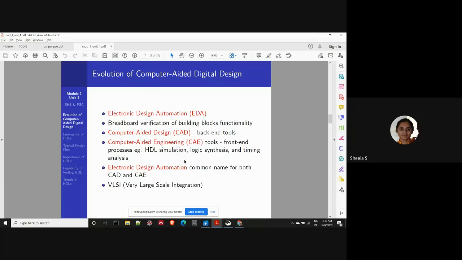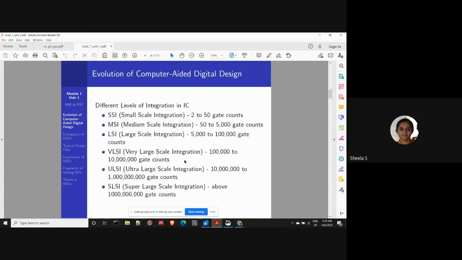After this, we came across very large scale integration, where thousands or lakhs of gates used to be placed on a single IC, and as a result more and more complex circuits were placed on a single integrated circuit. Okay, any doubt in this?